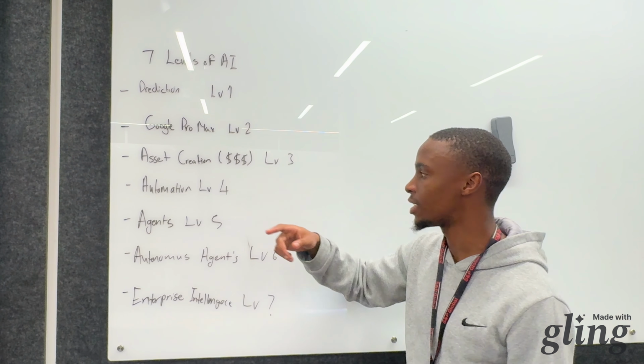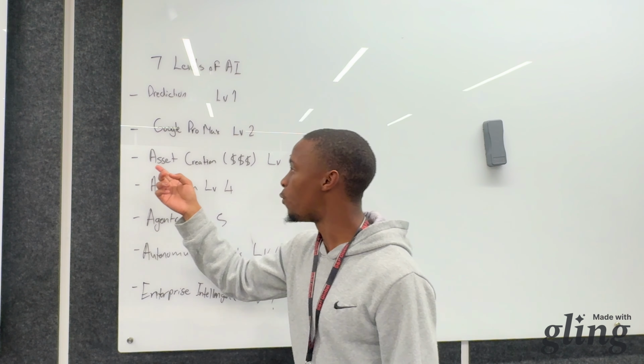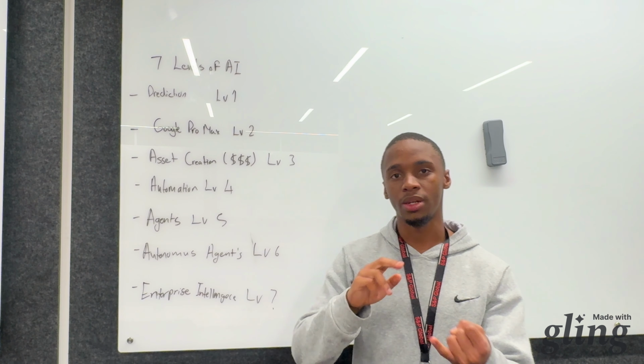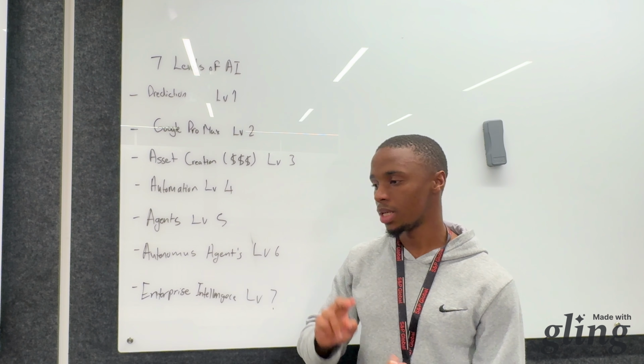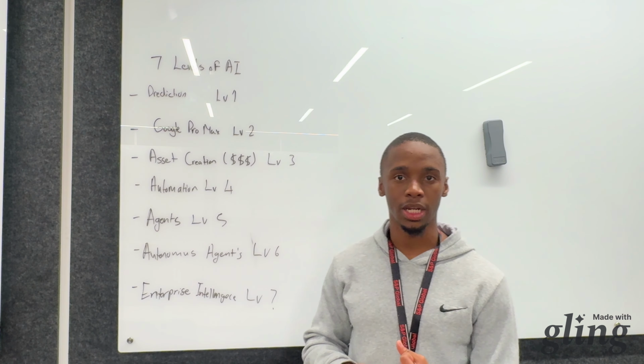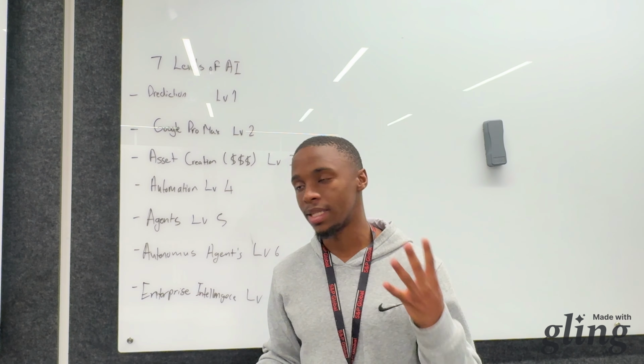If we look at asset creation, the reason automation is above asset creation is because if we know the steps to creating an asset, if we know the steps to creating a book, and we know we need it to generate pictures, we need the text, we need the research to ensure the information is done properly, and we need to ensure that it's fact checked.